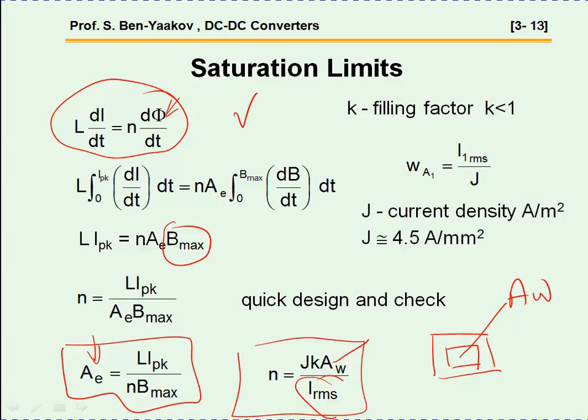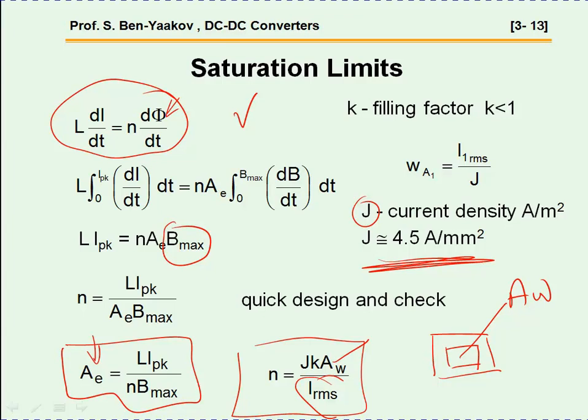A measure is J, the current density that we allow in the wire, in amperes per square meter, say. A good number is 4.5 amperes per square millimeter, but it depends on the application. If you use higher current per millimeter, the wire will get hotter. If you use much lower current, it'll be okay, but again, it's a waste.